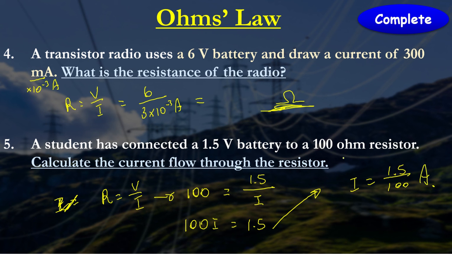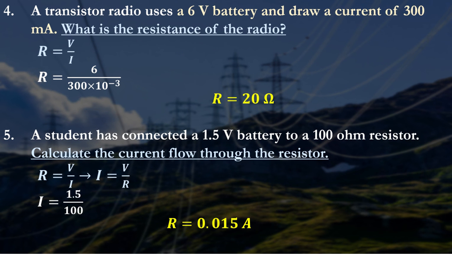Okay, so that's what we get. And let's look at the exact values. The resistance we would have seen is 20 ohms, and the current flow we would have seen in the battery is 0.015 amps.